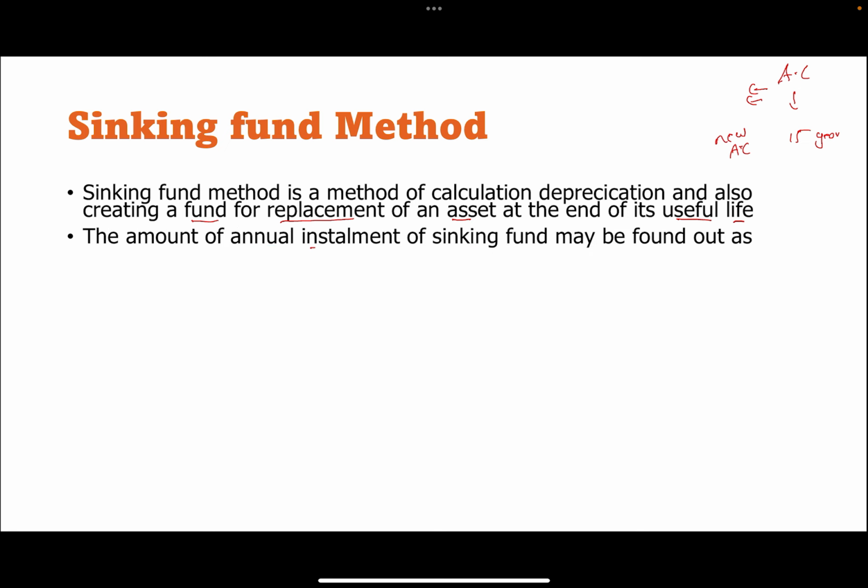So the amount of annual installment of the sinking fund may be found out as I is equal to (C minus S) into i by (1 plus i) the whole raised to n minus 1.